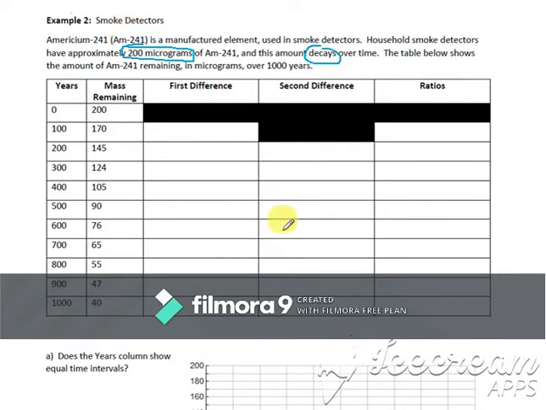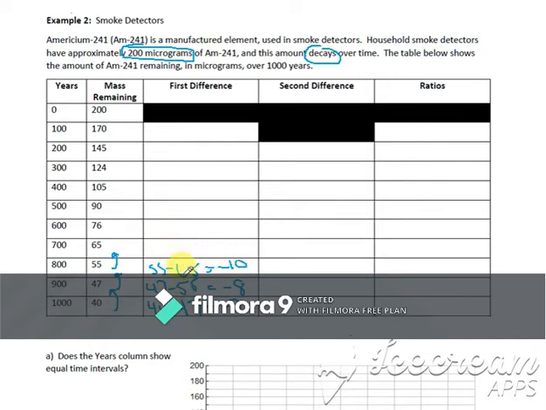Let's calculate the first differences. We go up this y column. So we're going to go 40 minus 47, negative 7. 47 minus 55, negative 8. 55 minus 65, negative 10.